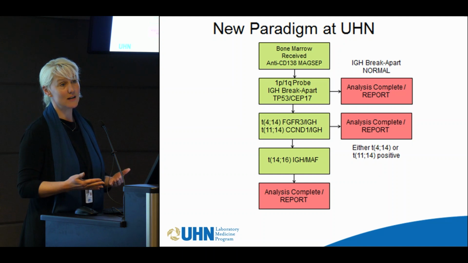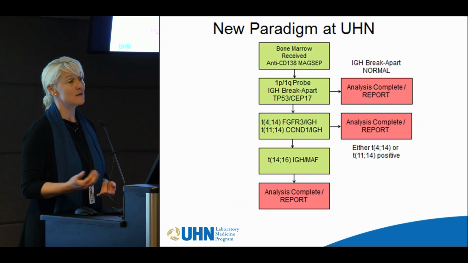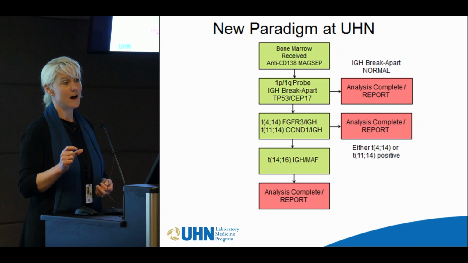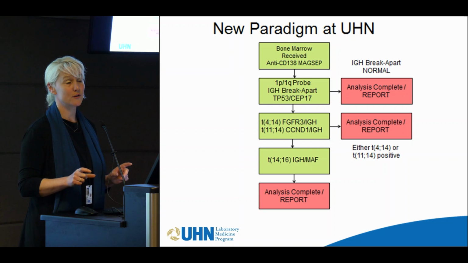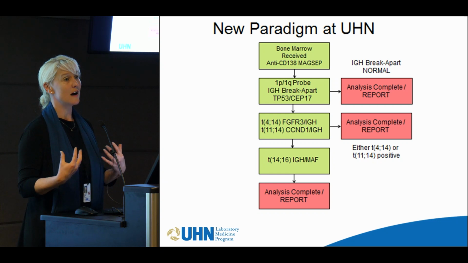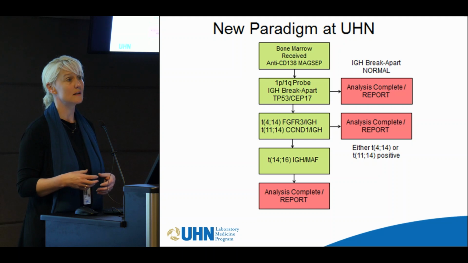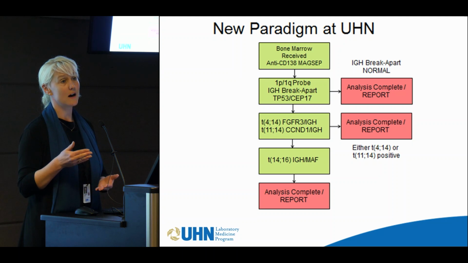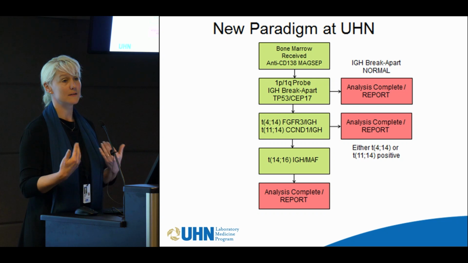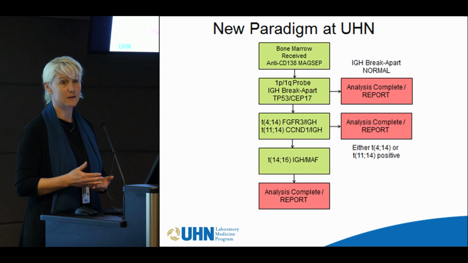And then if the IgH break apart is positive, those cases are reflexed, because the oncogene partner in that translocation is turned on by the IgH, which has strong enhancers within the gene. So when you translocate the gene to another oncogene, that oncogene is turned on, and that's what's fueling these tumors. So it's very important to find out which oncogene is turned on.